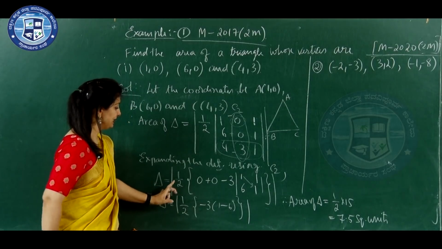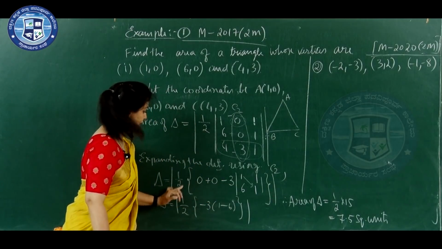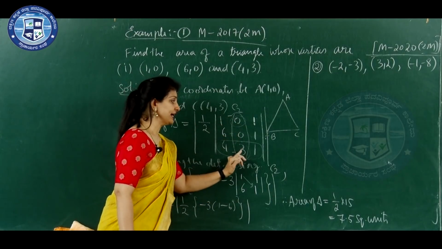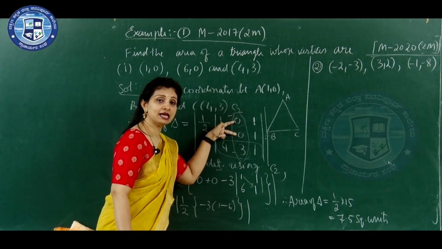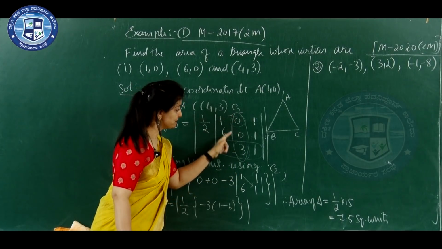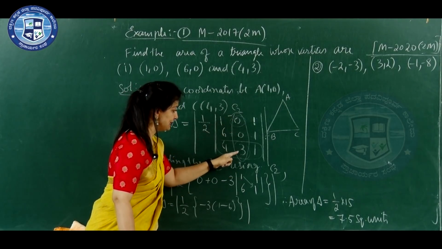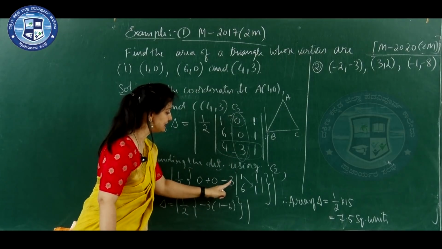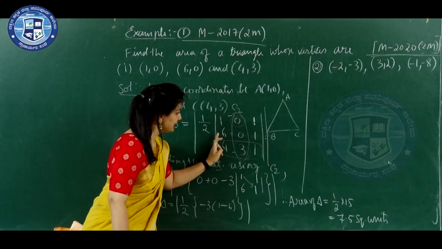The area of the triangle is equal to the absolute value of half into the determinant. Since in the second column two elements are zeros, we expand along C2, the second column. 0, 0 and the third element is minus 3 in 2. Since the diagonally positive position, the other four positions are negative, we know.